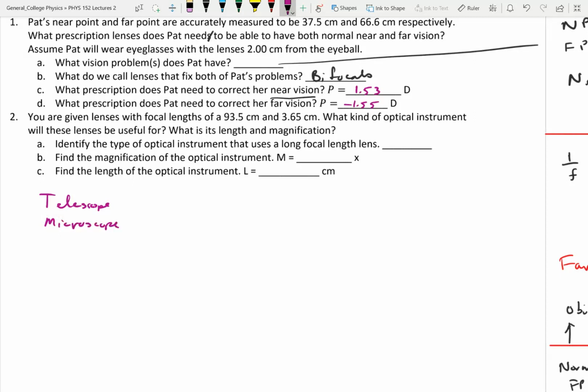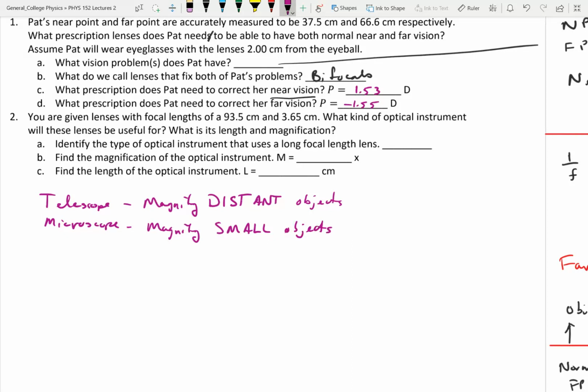The purpose of the telescope was to magnify distant objects. The purpose of the microscope was to magnify small objects. They have fundamentally different purposes.